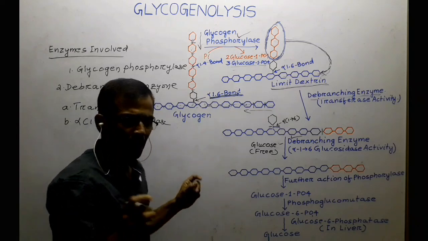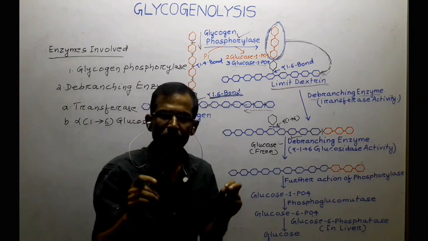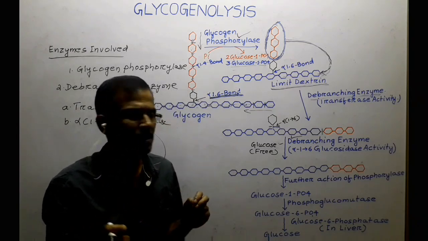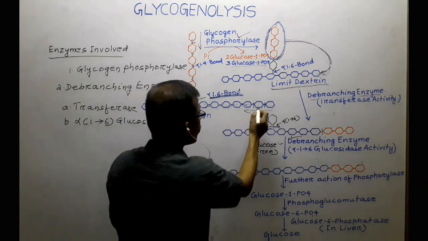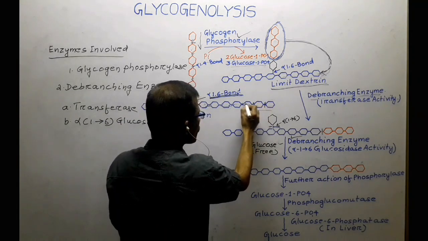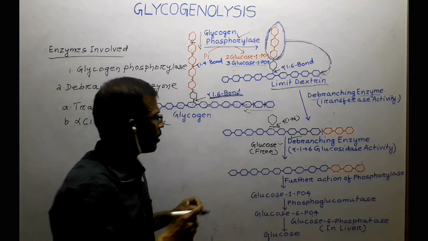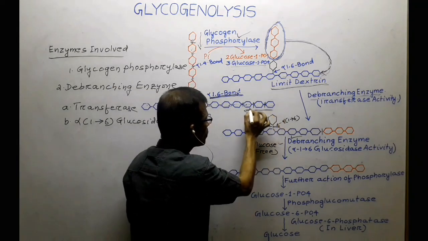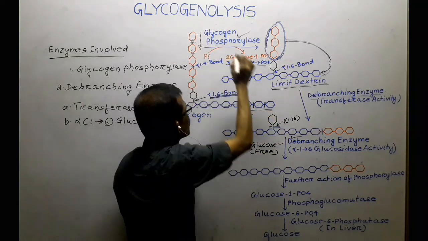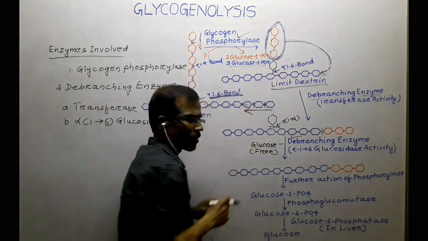First of all, the enzyme glycogen phosphorylase catalyzes the cleavage of alpha-1,4 glycosidic linkages sequentially from the non-reducing ends, yielding glucose 1-phosphate.